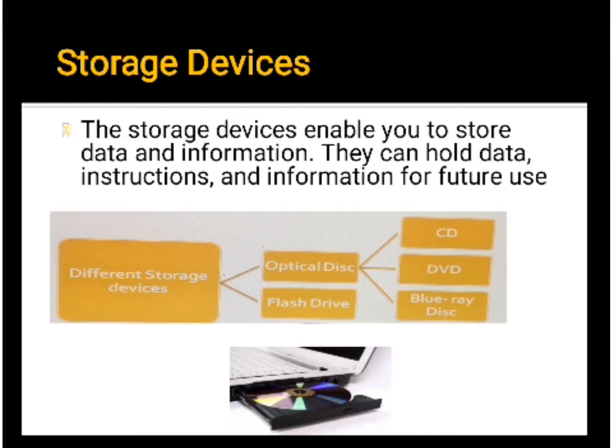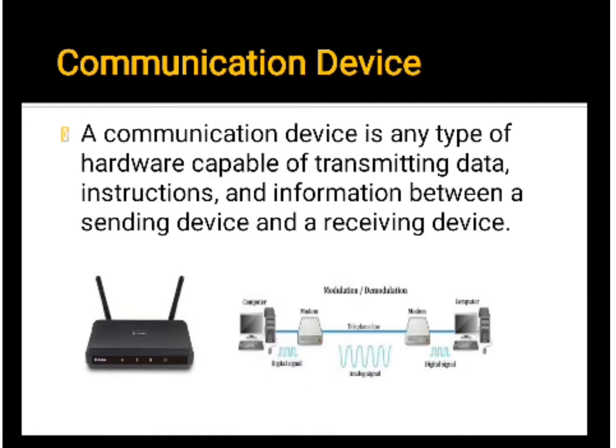At last, let's move to communication devices. A communication device is any type of hardware capable of transmitting data, instructions, and information between a sending and a receiving device. A computer processes data as digital signals. Mostly, the communication device we have is the modem.